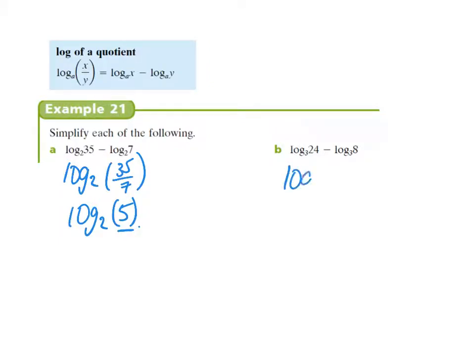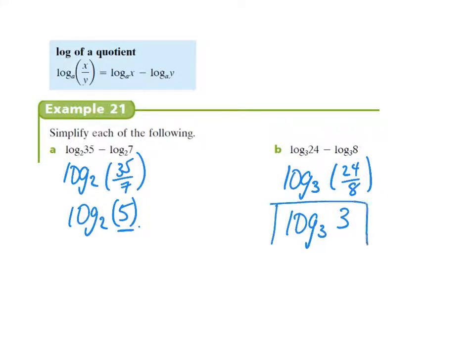Another example here, log base 3, and we have 24 divided by 8, which is 3. So log 3, 3. Now sometimes you can have a little look at these and go a bit further. If we look at this and think, what does it mean? What about if we think about what it meant in the index form? Remember, the little 3 is the base. This one here is the answer.